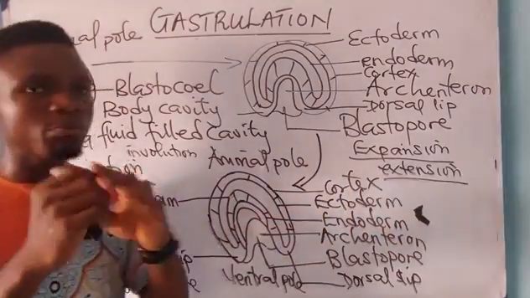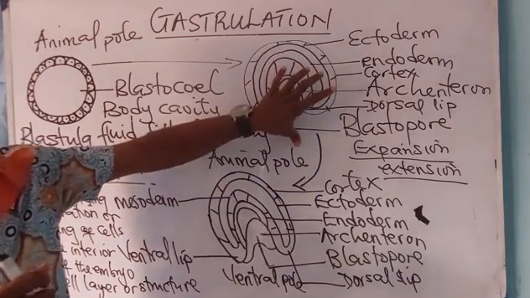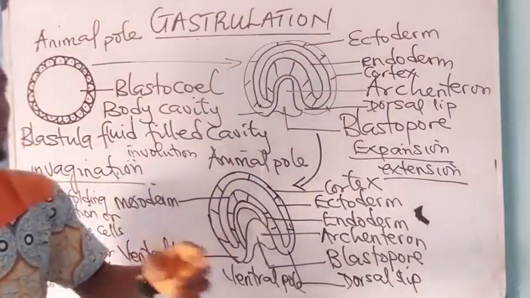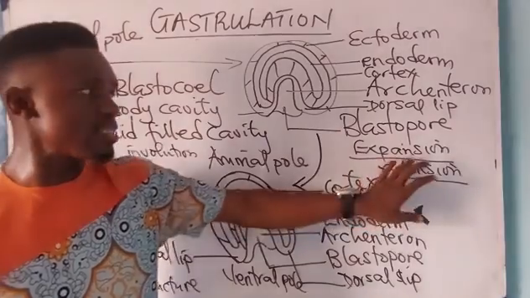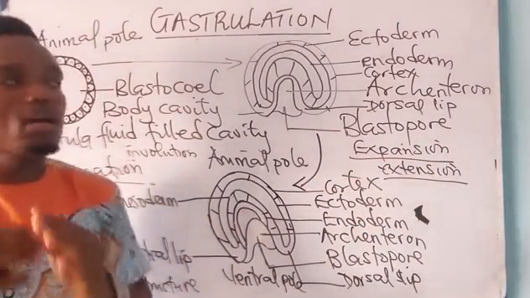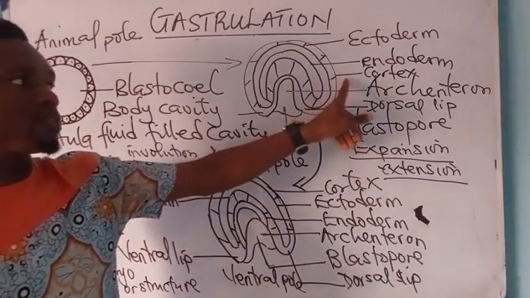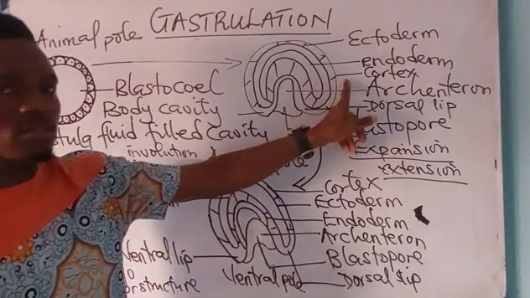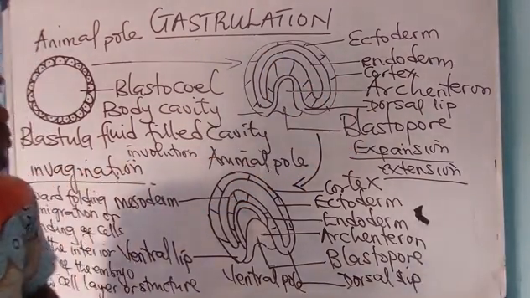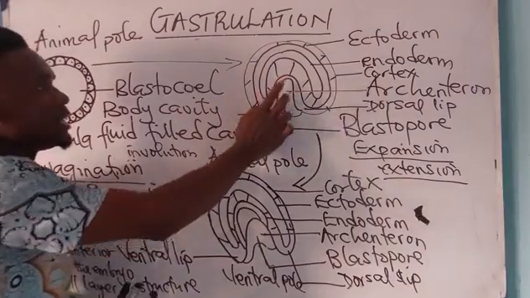But when the embryo as a multi-layered structure increases in size, you call it what? Expansion. Expansion is a phenomenon characterized by the increase in size of the multi-layered embryo. As soon as it increases in size, there's a rapid proliferation and division of the cells found in the embryo.